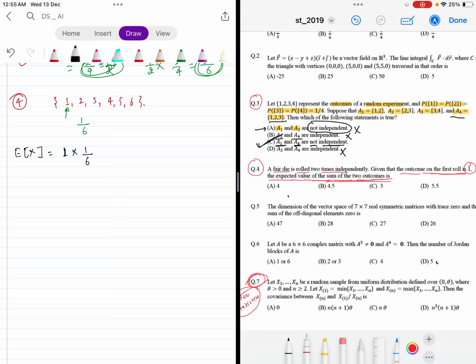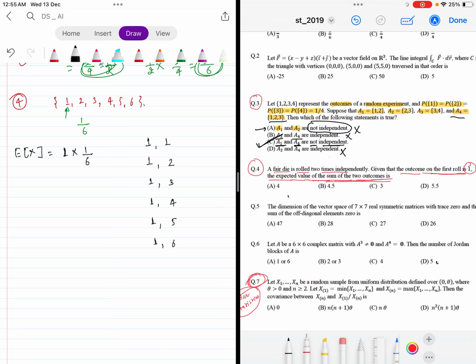So if we are given 1 on the first roll, that is fixed, so on the second roll what we can get is 1, right? And the first roll is given as 1, so for the second we get 2. So I hope you get this, right? Because in the question we have given that the first roll is 1, and in the second roll we can get all these things, right?